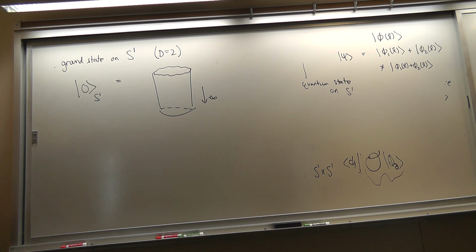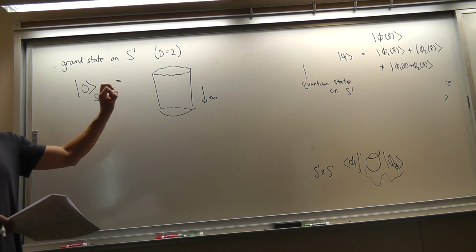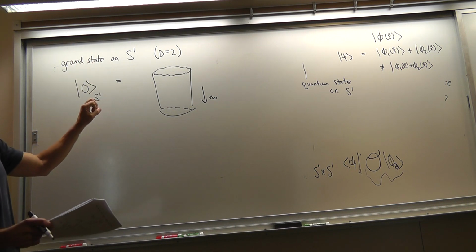Quick point of clarification, sometimes when people talk about putting a quantum field theory on a manifold, they're talking about a space-time manifold, and sometimes they're talking about a space manifold, and this can get very confusing. So let me clarify. When you talk about the states of a quantum field theory, that only cares about space.